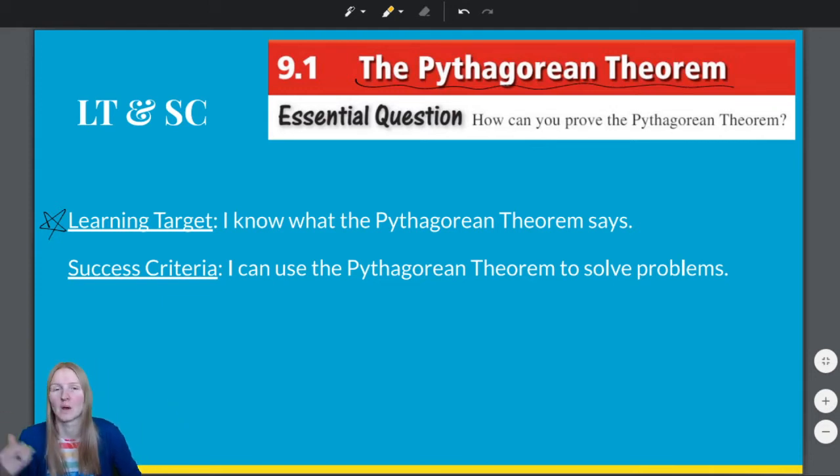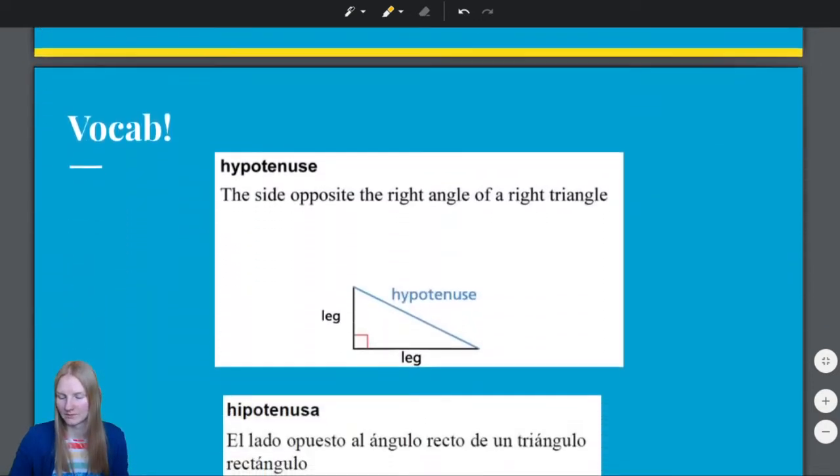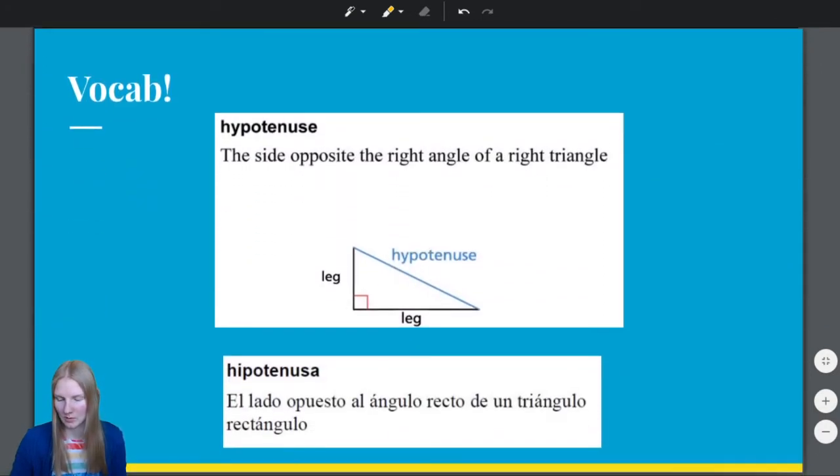If what, then what? And our success criteria is that you can use the Pythagorean Theorem to solve problems. This pattern from Chapter 8 continues: we need to know what the theorem says, and we need to be able to use the theorem. So, we're going to need some vocab to start off Chapter 9.